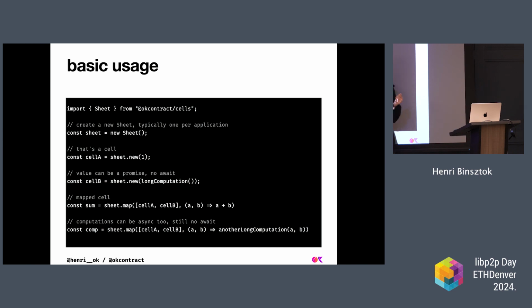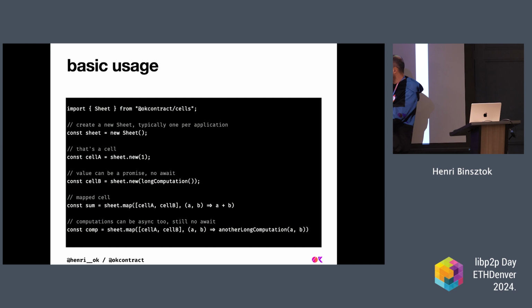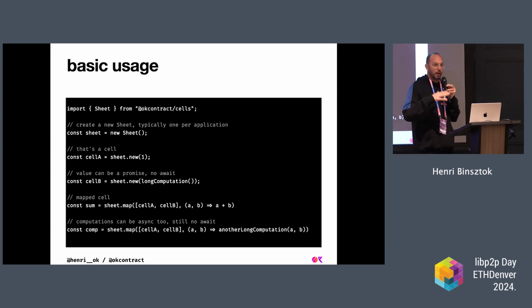So we abstract away all the asynchronous computations. So for instance, you can also create a cell which is a long computation, which is a promise. But basically, we don't need to wait for it. We just define the promise as the definition of the computation, and we can map those cells together, including, for instance, mapping, let's say, the sum of A and B. And even if we know that this one is a promise, we don't need to take care of that.